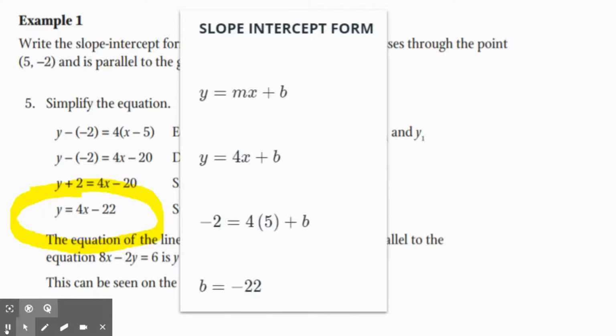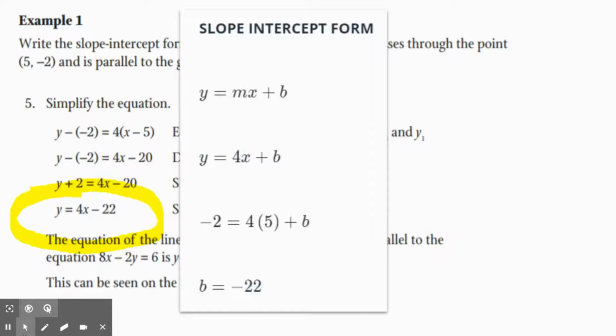If you don't want to use point-slope form, you can still use slope-intercept form. You just write y equals mx plus b, substitute the 4 in for m, substitute negative 2 in for y, and 5 in for x because the point was (5, -2), x, y. And you get a b value of negative 22.